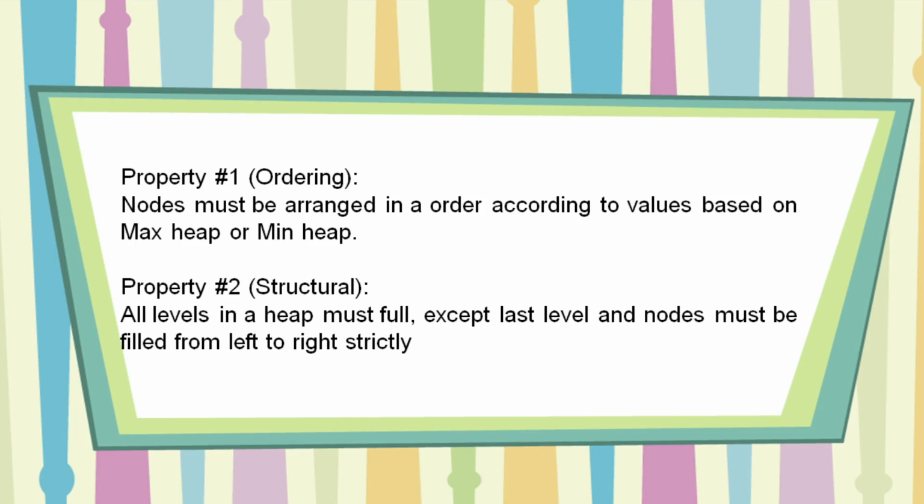While we are constructing a heap tree, either a min heap or max heap, nodes must be arranged according to the max heap property or min heap property. The next property is that all levels in a heap must be full except the last level, and the nodes must be filled from left to right strictly. Arranging the nodes in a max or min heap, we have to fill the values in levels. The nodes should be filled in left to right ordering.